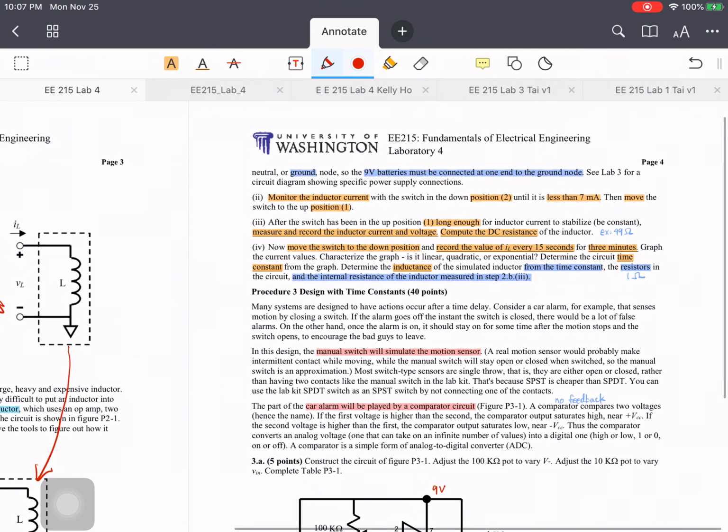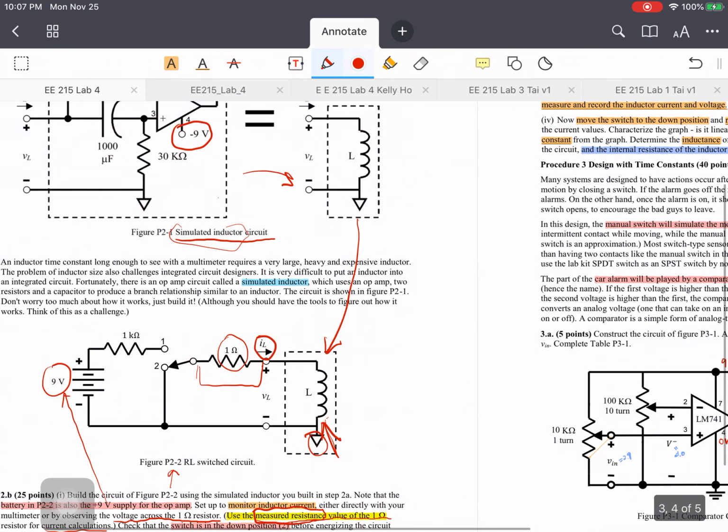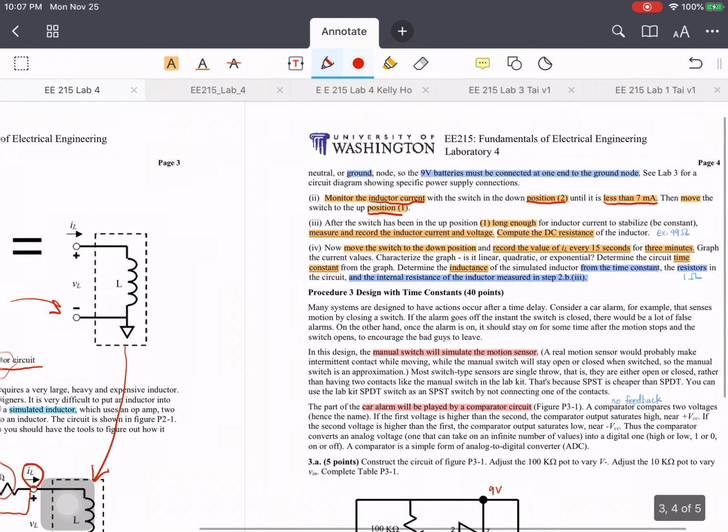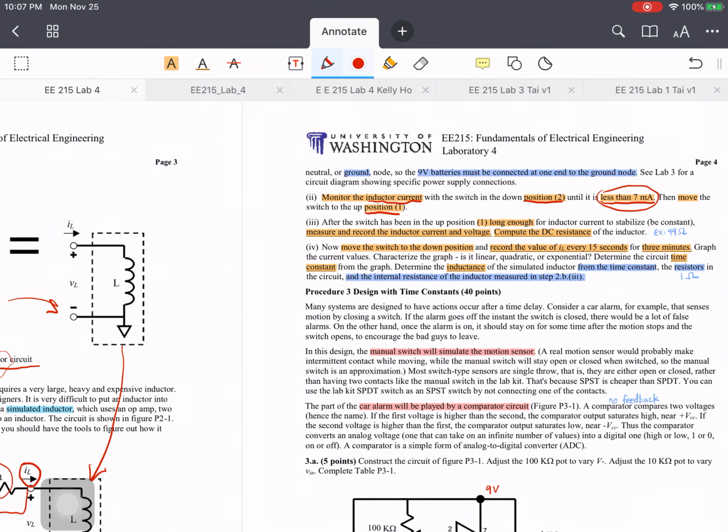The first one is you have to monitor the inductor current when the switch is in the down position until it is less than 7 milliampere, then move to the up position, position 1. This means that in position 2 you discharge such that IL is less than 7 milliampere, and then you charge it.